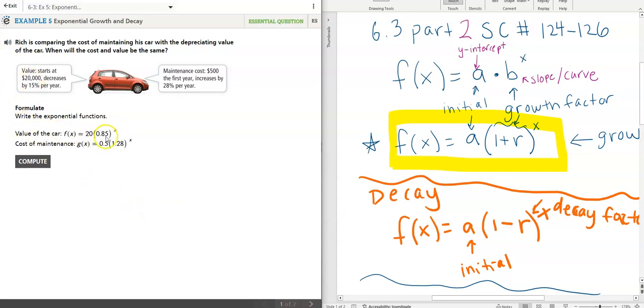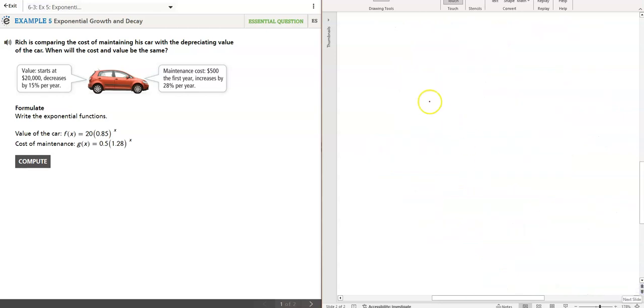So the value of the car, and they got this 0.85 by, so here, let me go to the next page so we can plug it into an equation and you can see what he did. So again, we're using the function, his initial value times 1, either minus or plus r, whichever one we're using, to the power of x.